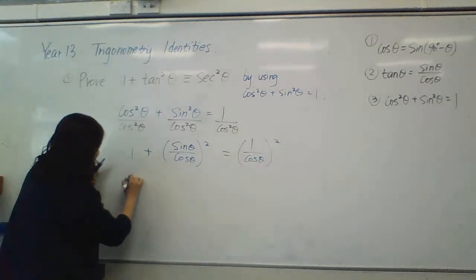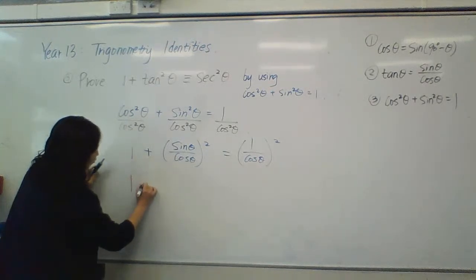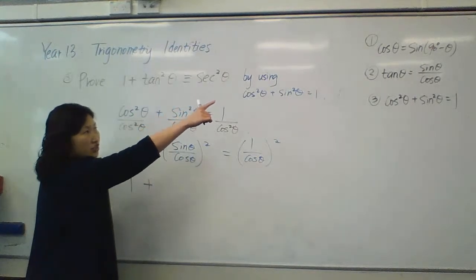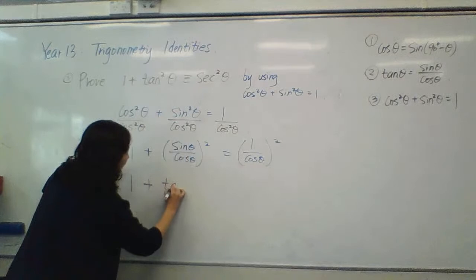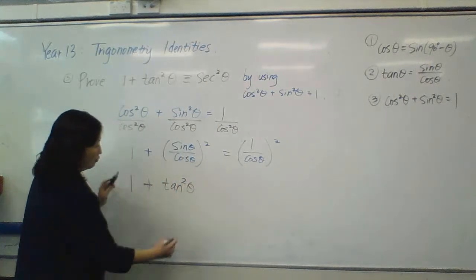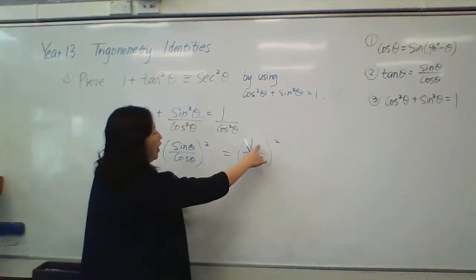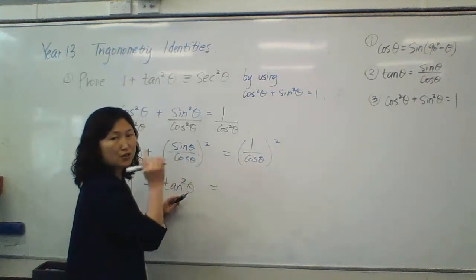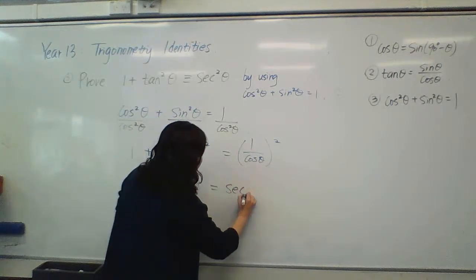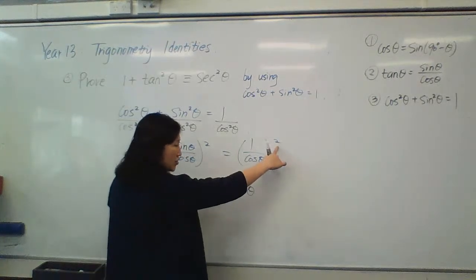Now, let's keep working on it. So that will give me 1 plus sine over cosine, which is tangent, the second identity that we have. And then tangent theta squared is equal to 1 over cosine theta. The reciprocal of cosine is secant. So that will be secant theta squared.